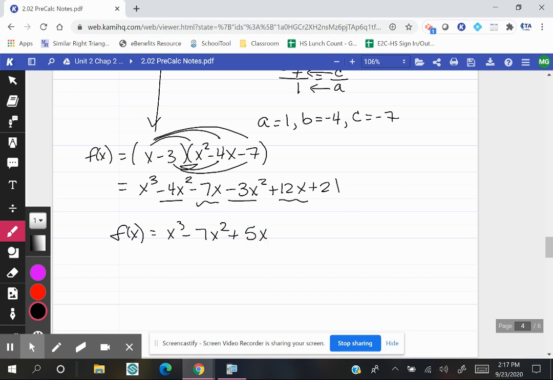Negative 7x plus 12x would give us 5x, plus 21. And no more like terms we can combine, so that would be your polynomial function that would give you the roots of 3, 2 plus or minus rad 11.